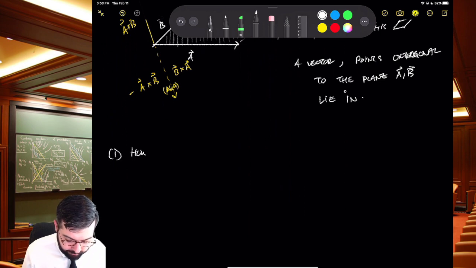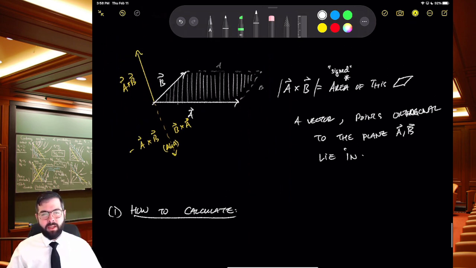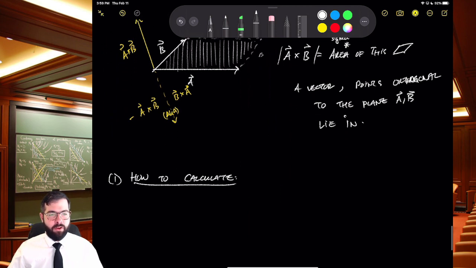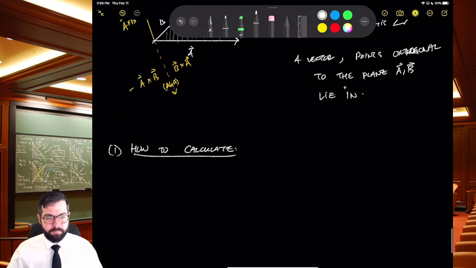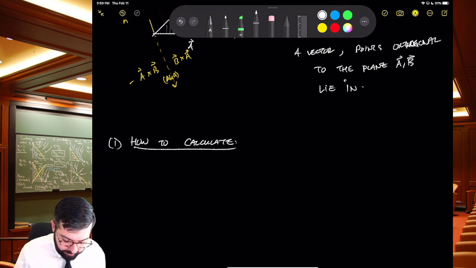So how to calculate. I gave you that drawing so that I could also do some hand waving and not go through all of the geometry on how this is calculated, okay? Know that this is where it comes from. The fact that we're finding the area of this parallelogram, this is how we get these components. So A cross B is the vector given by A2, B3.